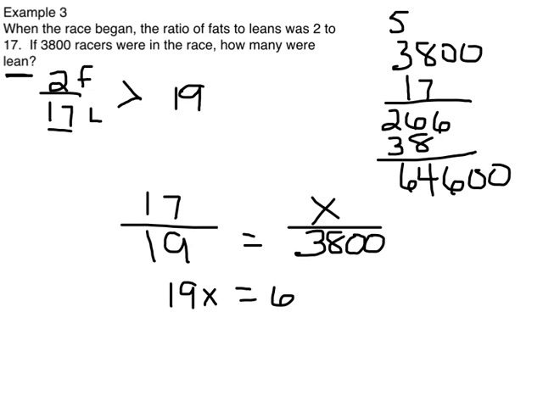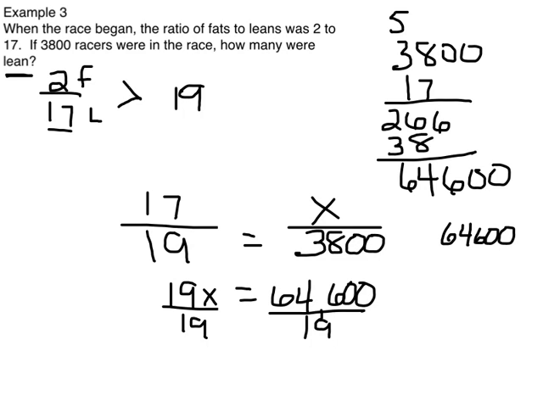So 64,600. And now I'm going to divide both sides by 19. 64,600 divided by 19. 19 should go into 64 3 times.